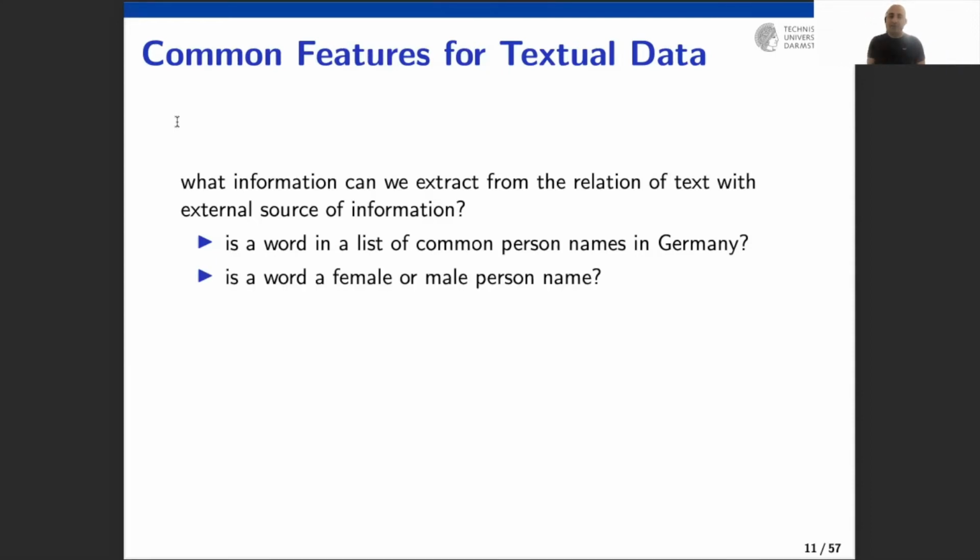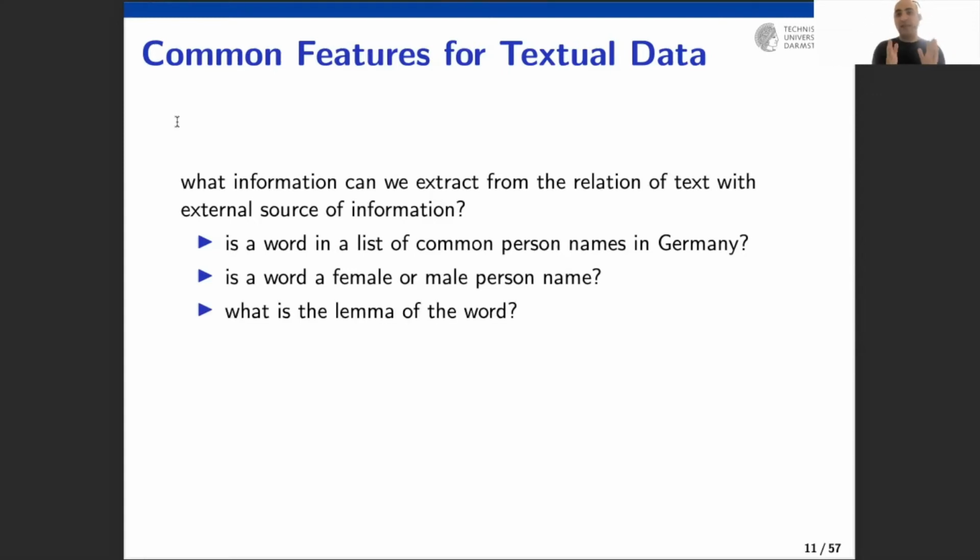Okay, another feature could be whether a word is a female or male person name, or in other languages like German, we can check if the word is masculine or feminine or neutral.